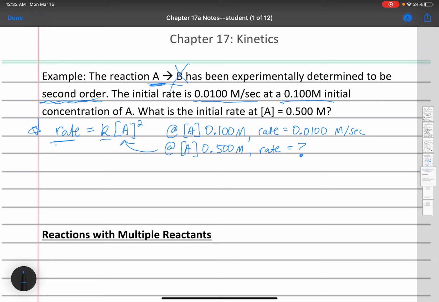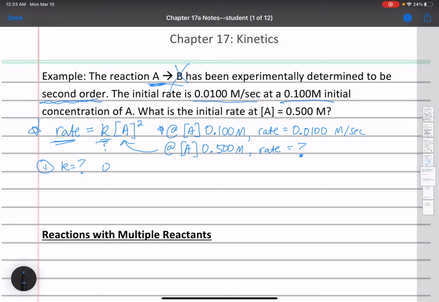So we have two variables, and we need to figure out what K is first in order to plug other numbers in. So the first thing we're going to do in this problem is solve for K. We're going to plug the initial numbers that were given into the rate law so that we can solve for K.